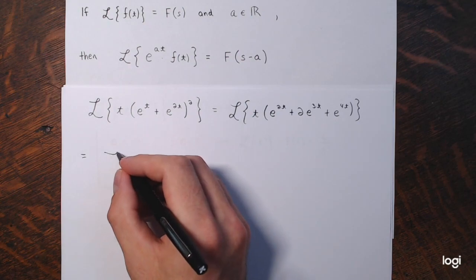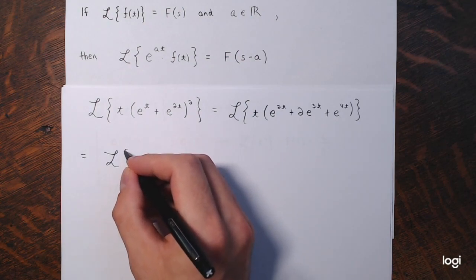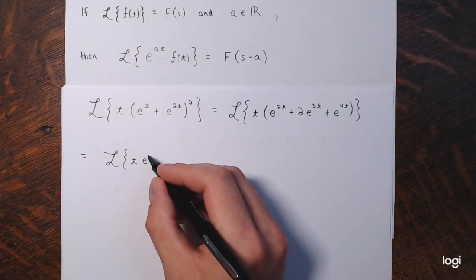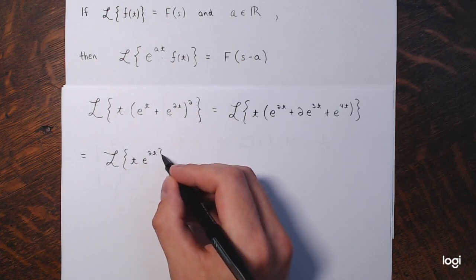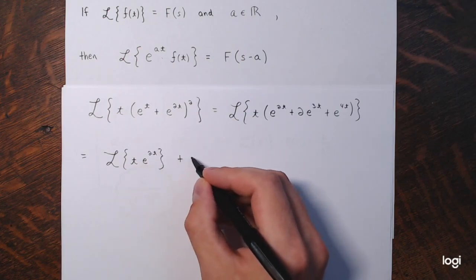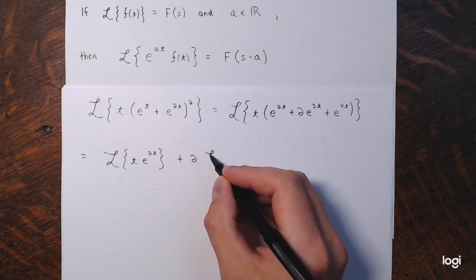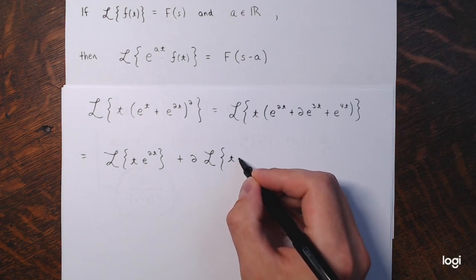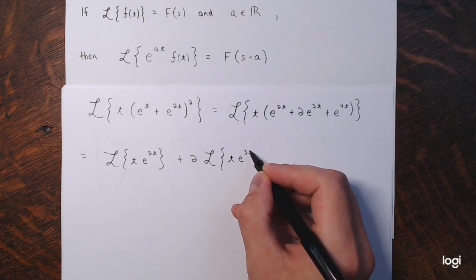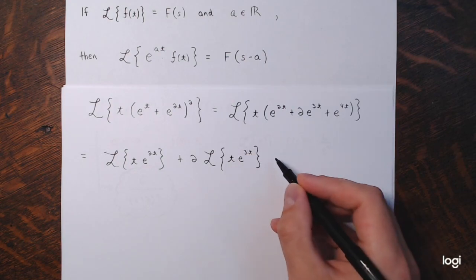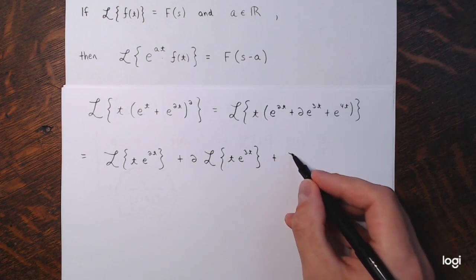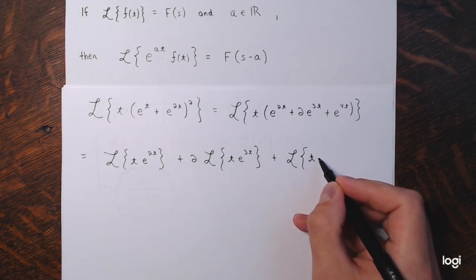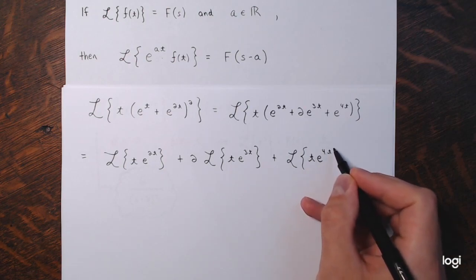This will be equal to the Laplace transform of t times e to the 2t plus 2 times the Laplace transform of t times e to the 3t, and then plus the Laplace transform of t times e to the 4t.